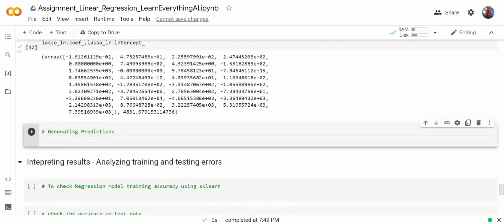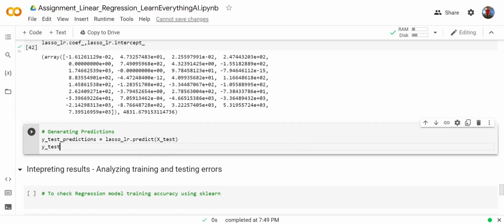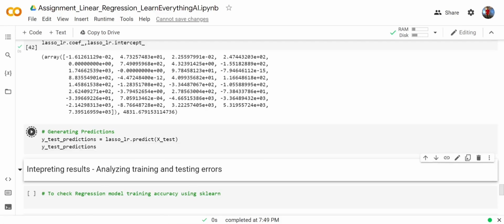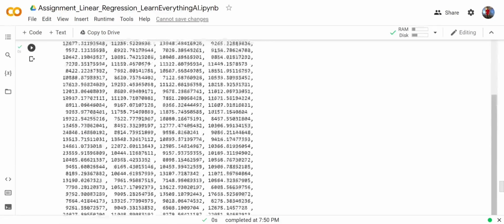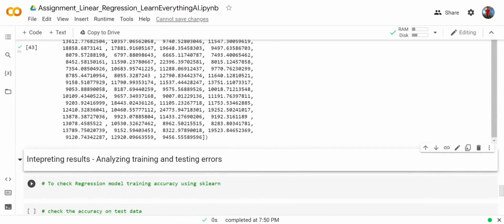Now we'll generate the predictions. Yeah, we have predicted some values. And now we are going to interpret the result.